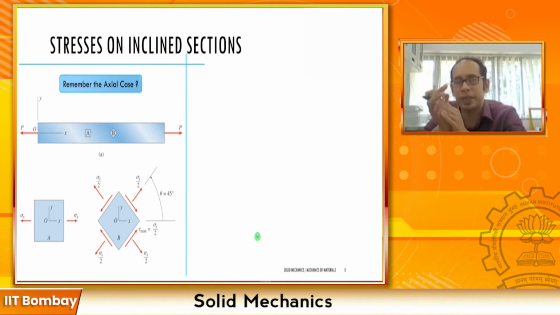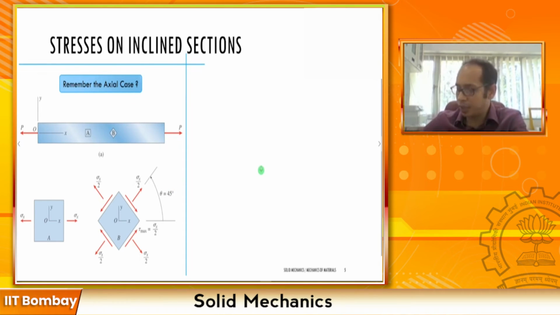This was also the section where we saw that if a bar is under pure axial loading, it is not true that no matter where and how you look in the bar, all elements are under axial loading. It depends upon the angle you are looking at.